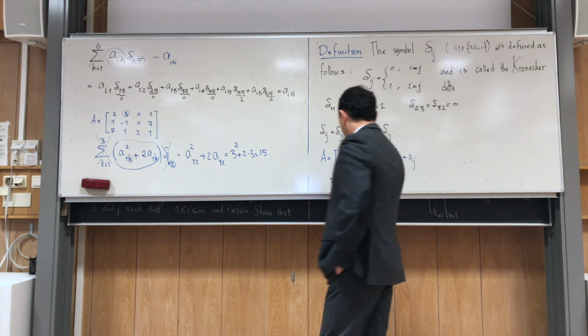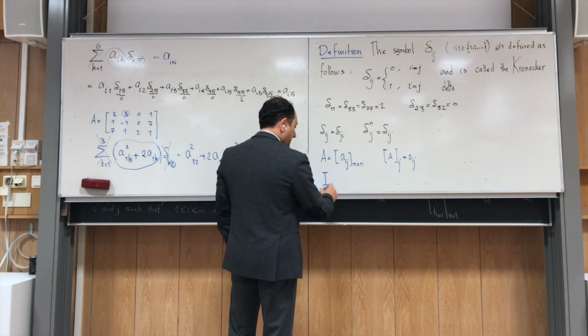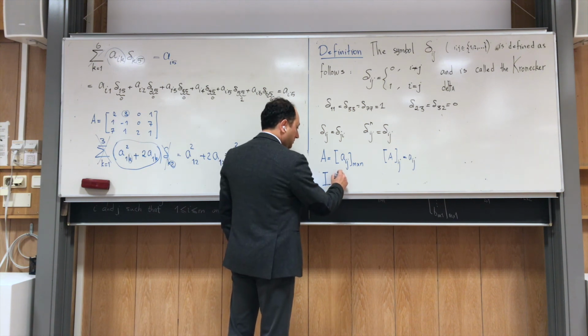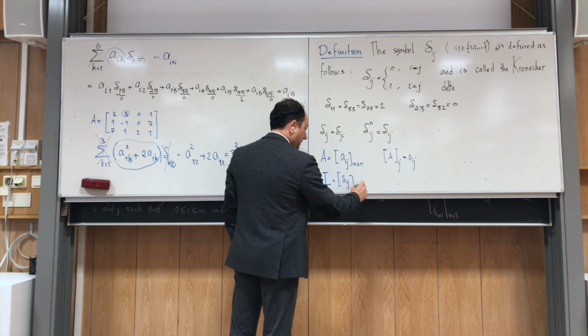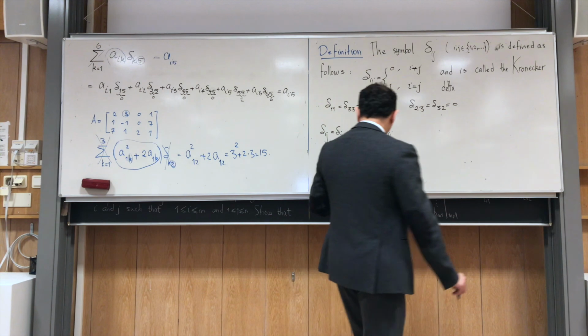Now, for the same reason, if I tell you delta is the identity matrix of order n, then you can simply write it as delta_ij, n by n. Because what was the identity matrix?